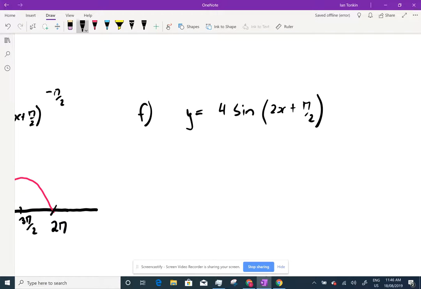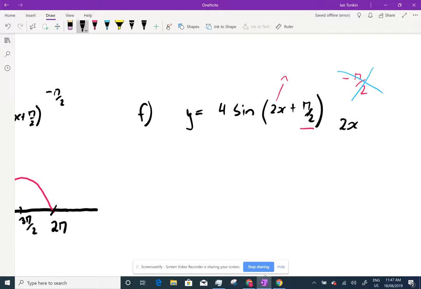Now the critical bit here, with all the others, this 2 has been out the front of the brackets. Once we put it inside the brackets, it makes a huge difference. Now, you're going to think that this shifts negative pi on 2, but that would be a mistake, and that's a mistake I made in class. We've got to find the inside of the brackets that makes it equal 0. So let's do that.